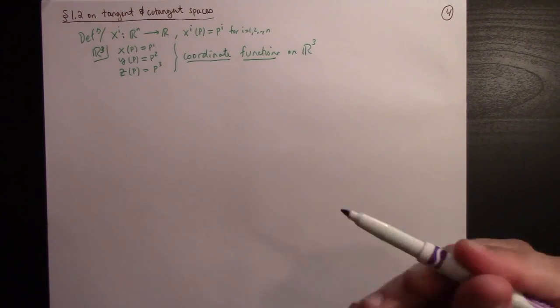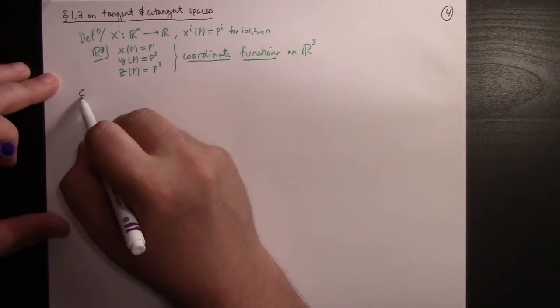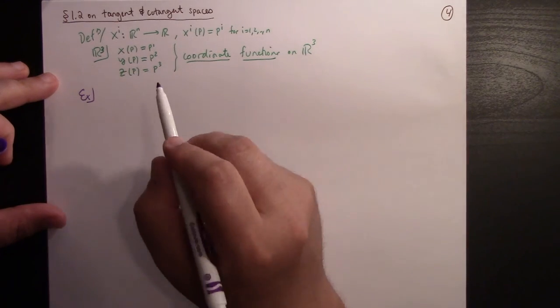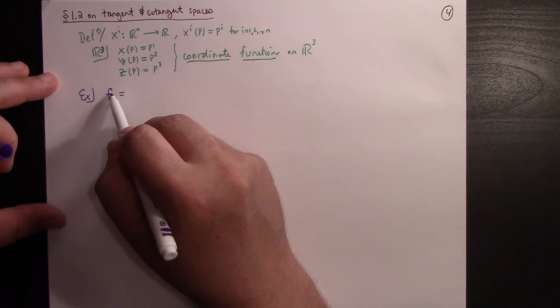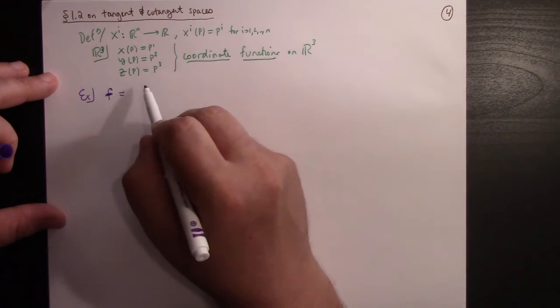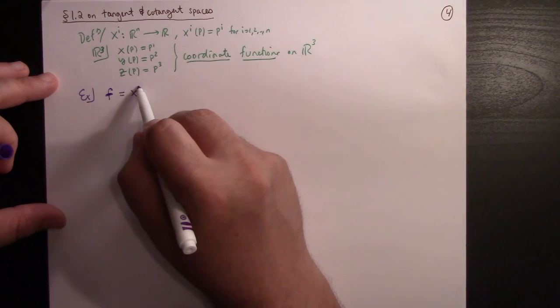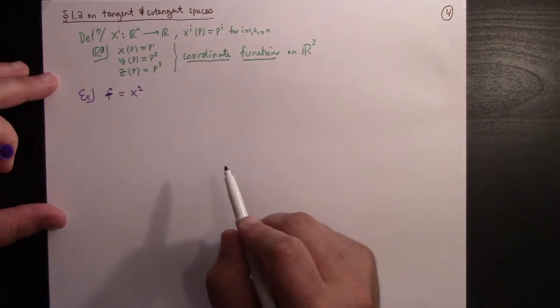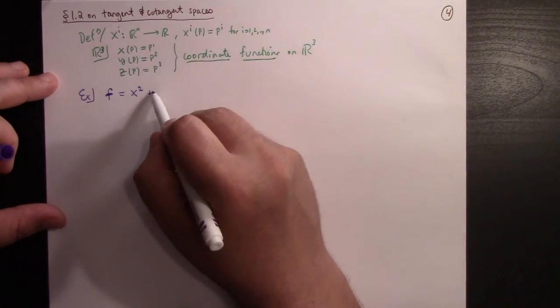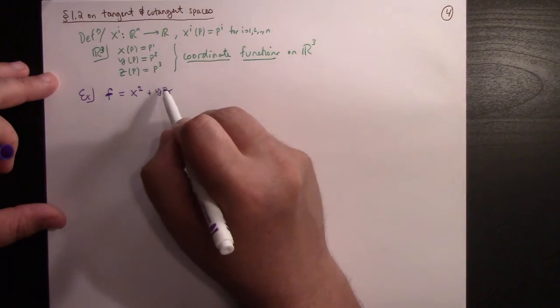So for example, I can write functions with this notation in a kind of sneaky way. Like for example, this is not sloppy notation. I can actually write f is equal to, say, x. Well, I guess this would be ambiguous until I write this, plus yz, right?